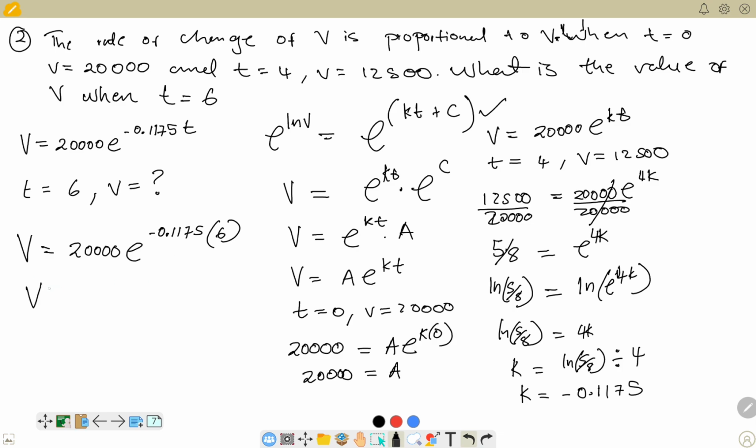Then when we punch this into the calculator, we'll find that this is equal to 9,882.1715. So this is the final answer to this problem.